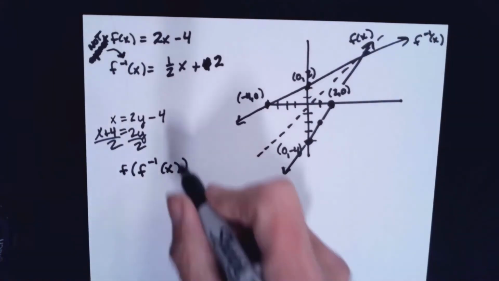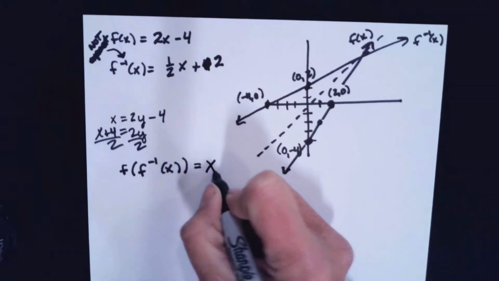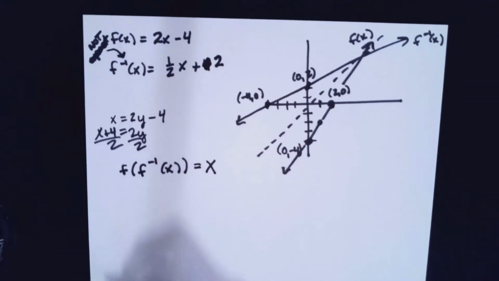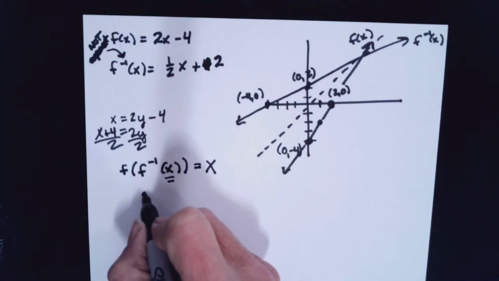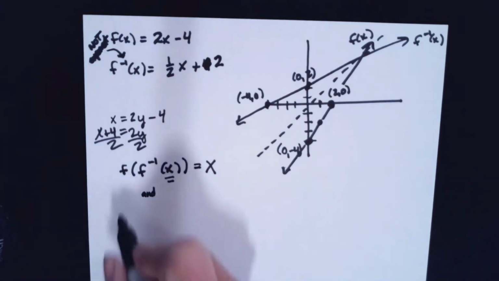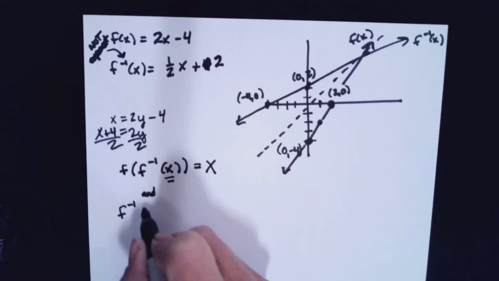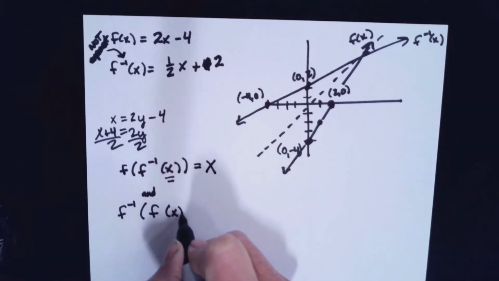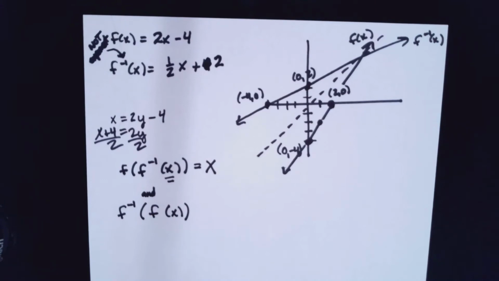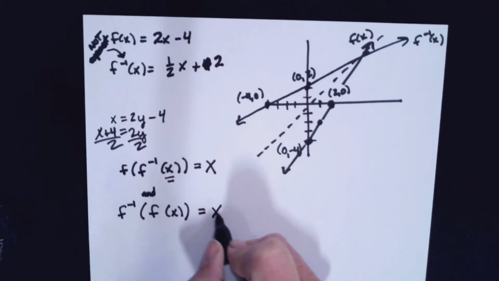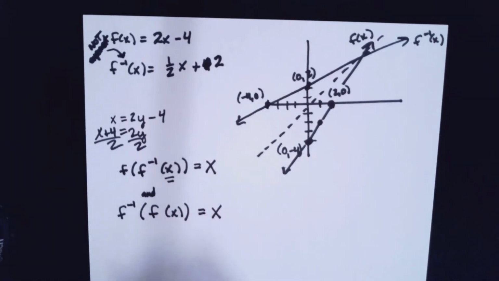And to verify they're inverses of each other, that would just equal x. And since composition of functions is not commutative, we would show this also, switch the order, just to show that they're inverses of each other.